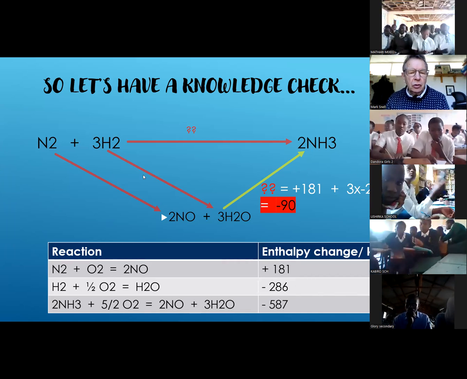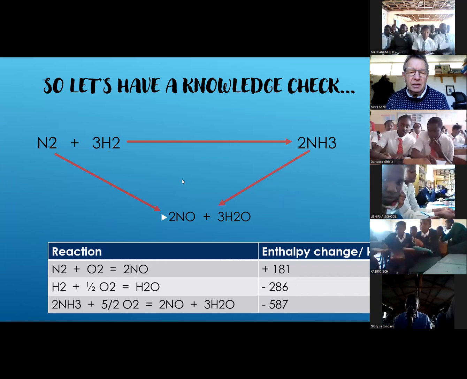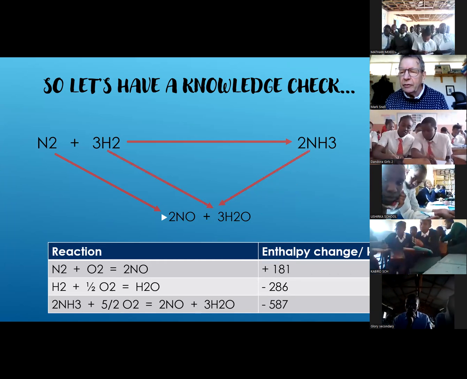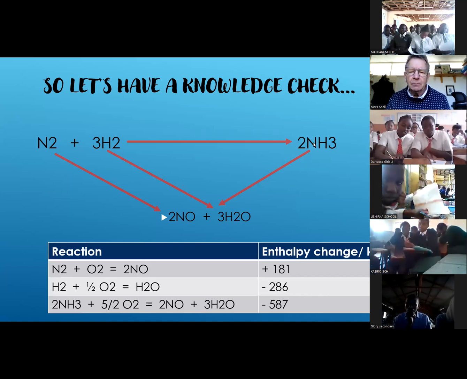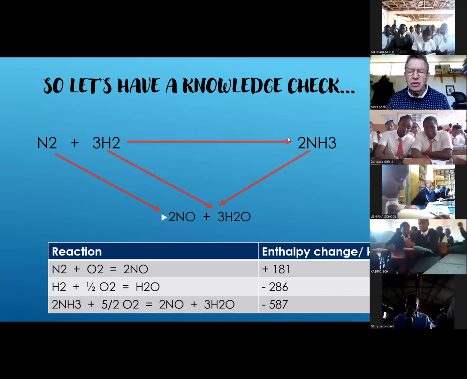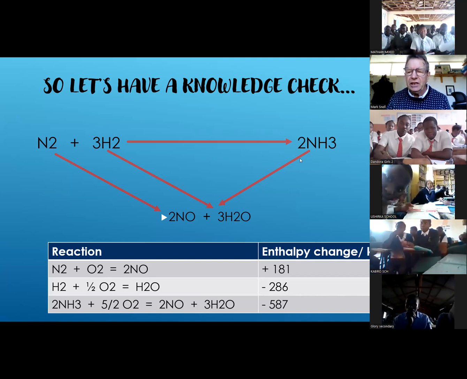Okay, so look at the arrows again. Let's go back a bit. There are the original arrows. Remember, across the top is the same as going down and up again. So across the top, which is what we're looking for, it's the same as this arrow plus that arrow plus this one backwards, changed over.